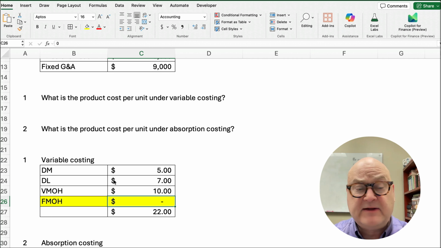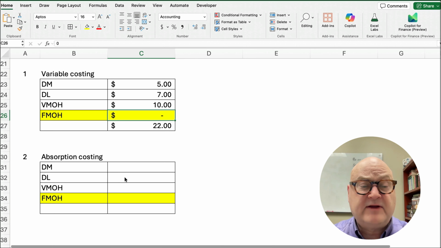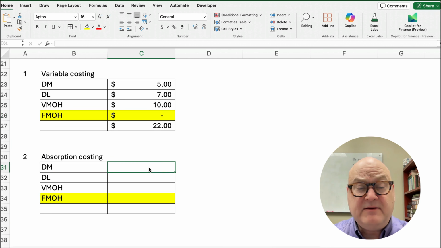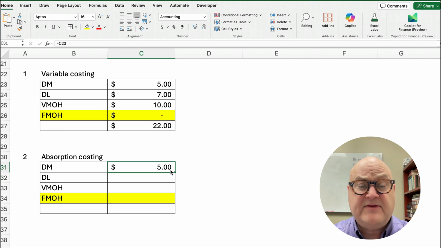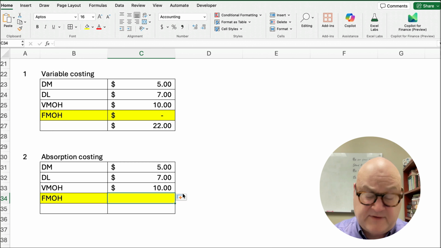So variable costing. Now, under absorption costing, it's going to be the same 3 variable costs, plus we're going to add the fixed overhead per unit. All right, so it's still going to be the $5, the $7, and the $10. Okay, so far so good. Now, what do we do about fixed overhead?